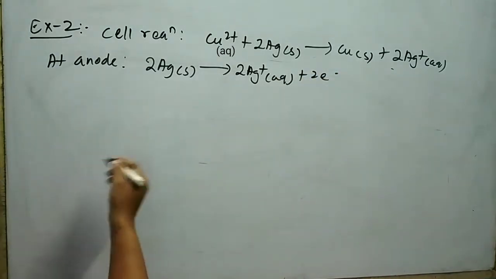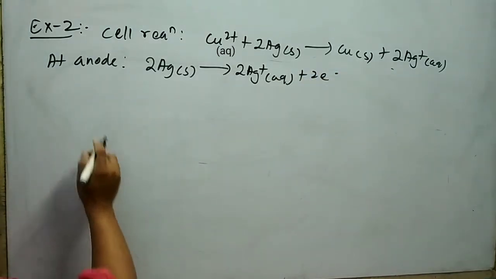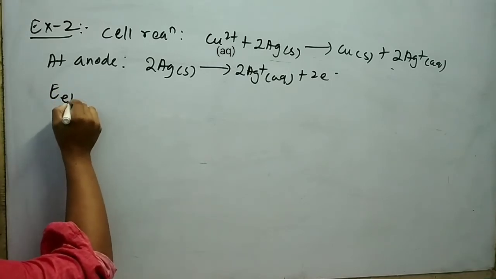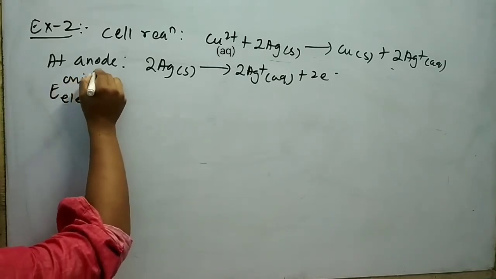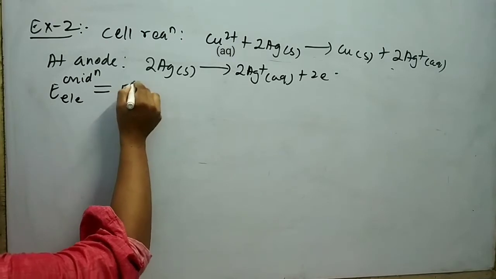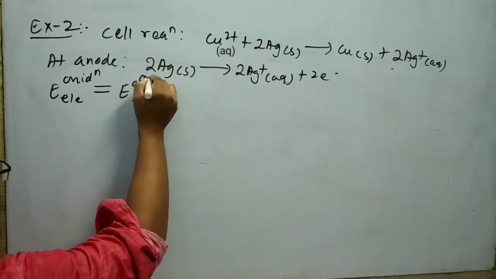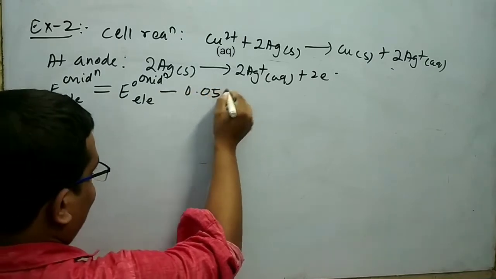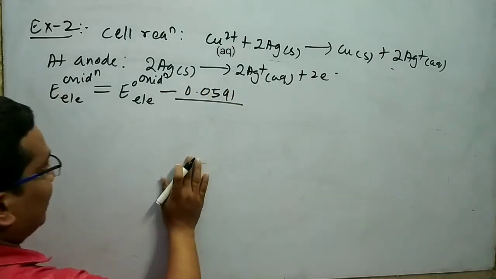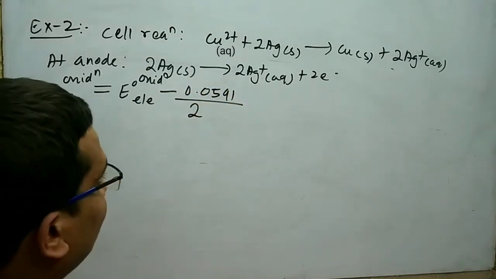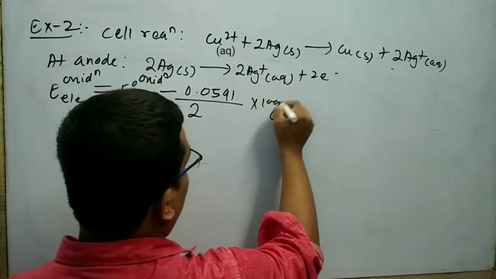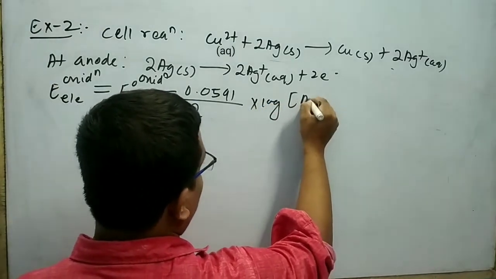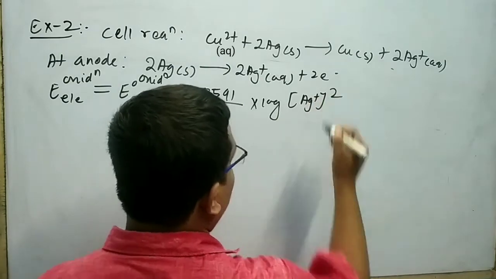For this reaction the Nernst equation is E electrode oxidation equal to E0 electrode oxidation minus 0.0591 divided by 2 into log of concentration of Ag plus power 2.